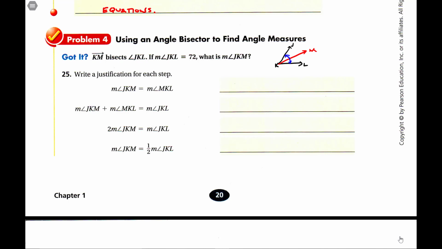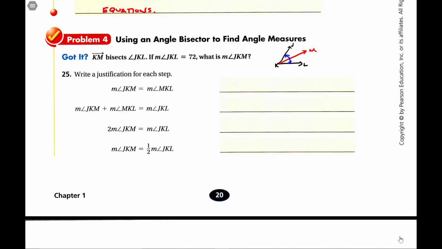This methodical approach is just kind of, I guess, to illustrate to you how that works out. But we can skip all that if you don't need it to indicate that you know the answer to this particular question. But I will walk through each one of these just to make sure we understand the justification for each step. But we already know the answer will be 36 degrees.